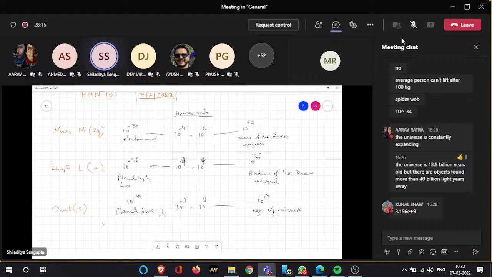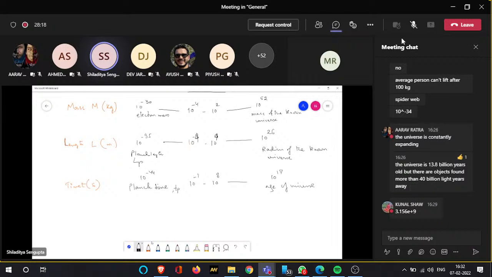Now let's take another quantity, which is speed. Let's say I give you some typical speed, and you tell me the ranges. For example, the speed of an amoeba, or let's say a snail.